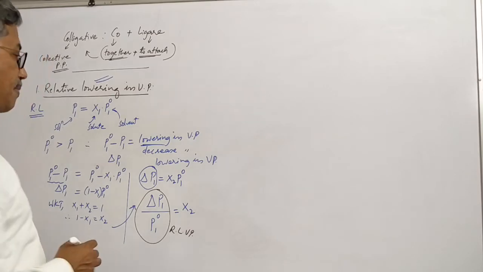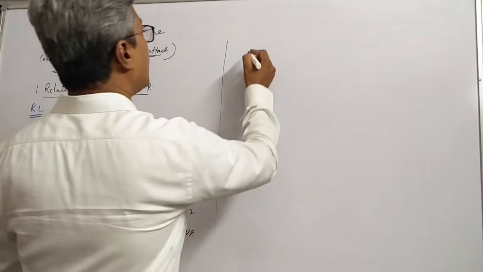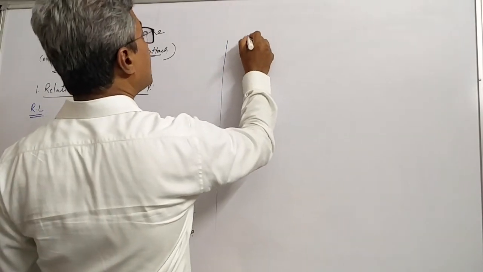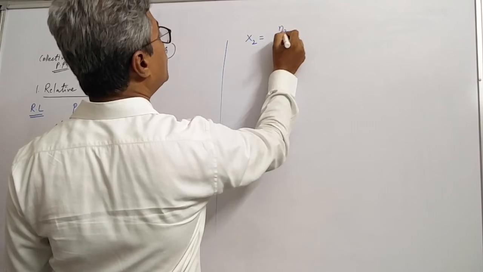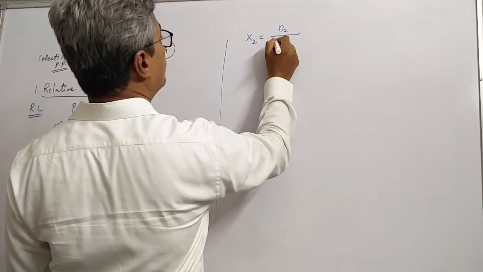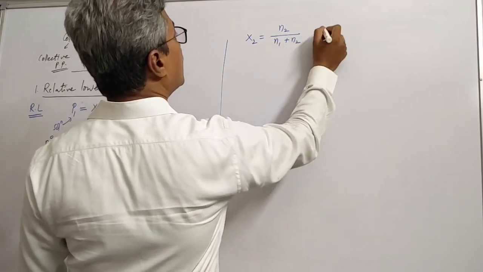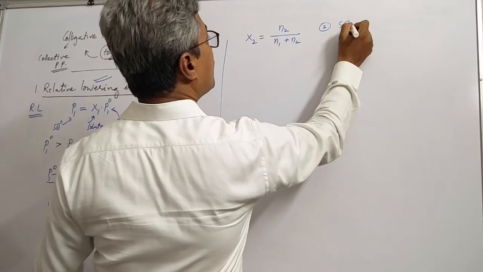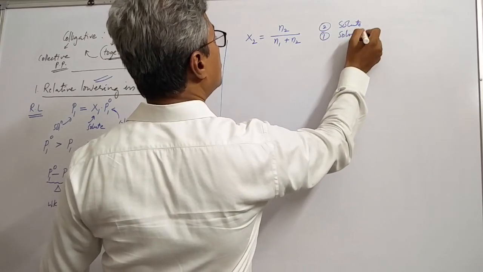Clear, students? Now, see students, we notice that mole fraction of 2 will be equal to number of moles of 2, second component, that is solute, divided by total number of moles, that is N1 plus N2. Here 2 stands for solute and 1 stands for solvent.